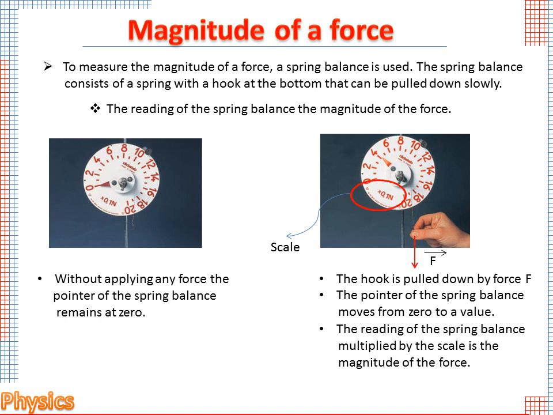This is the scale of the spring balance. Then the magnitude of the force F is equal to 4, the value indicated by the spring balance, multiplied by the scale, which is 0.1. Then the magnitude of the force F is 0.4 Newton.